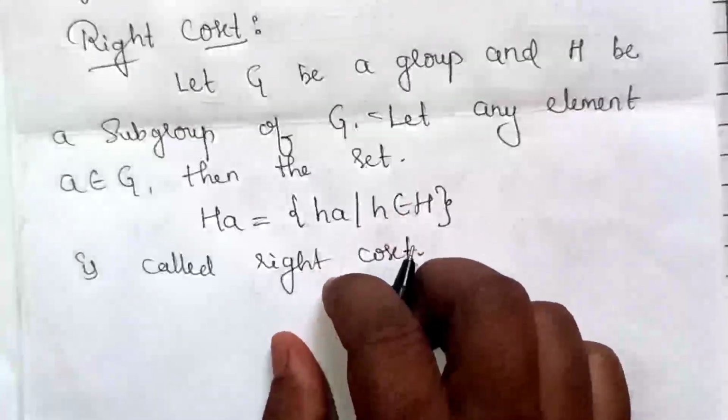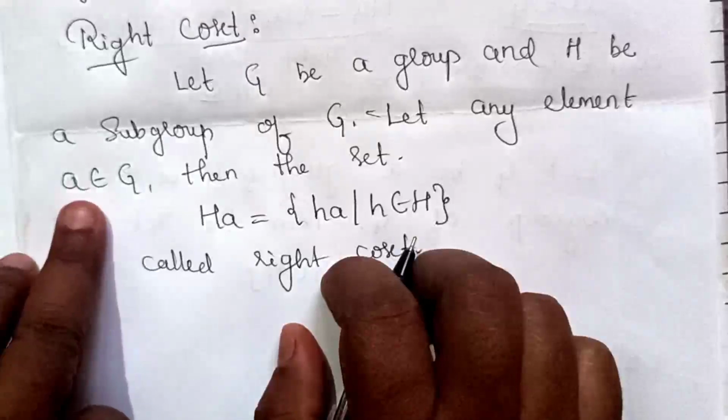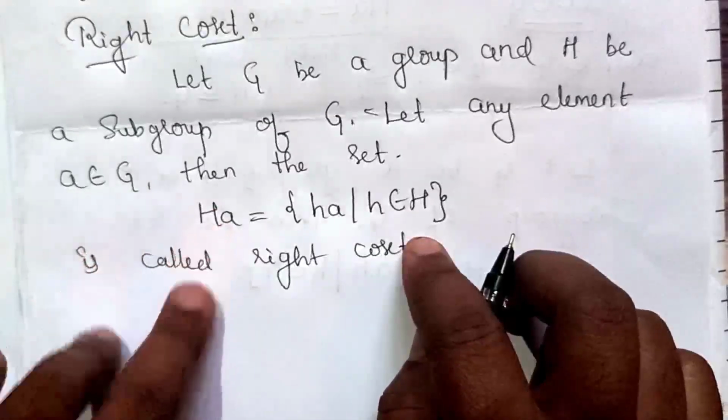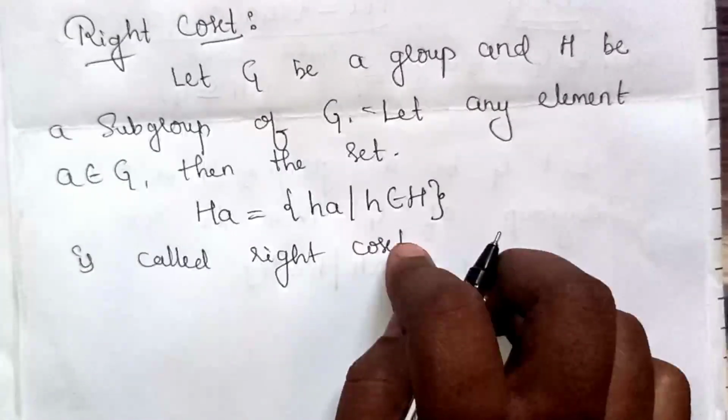Okay, now you got the point. Right coset means we are operating an element A of G with all the elements of H from the right side, then we call it the right coset.